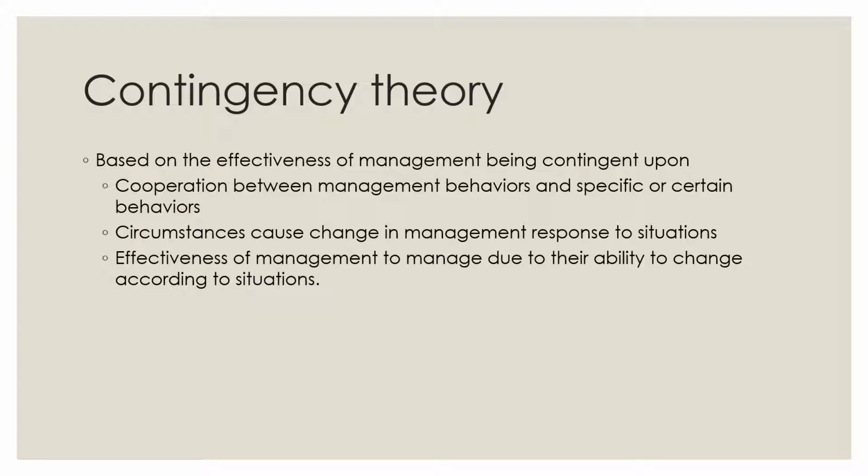It is based on the effectiveness of management being contingent upon the cooperation between management behaviors and specific circumstances that may cause the response from management in certain situations. It's looking at the effectiveness of how the management team is able to manage their goals, their plans, their team due to certain situations that happen to come up.